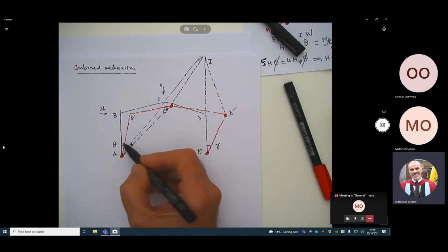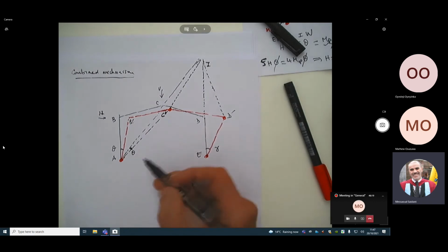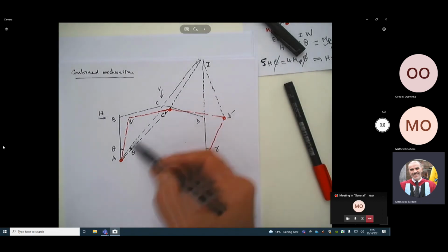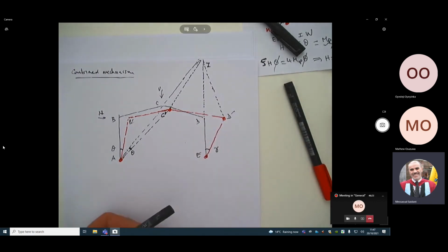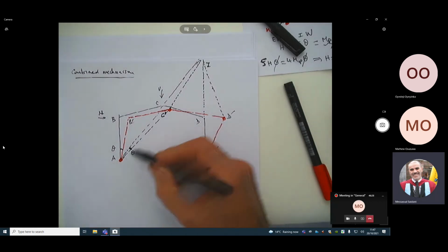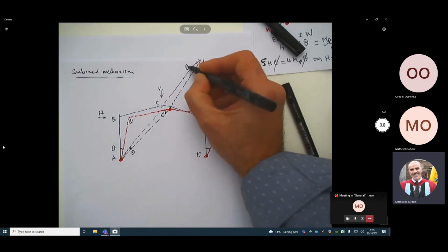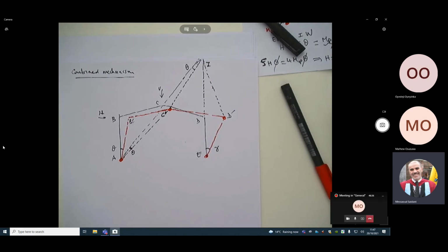By how much? By theta. So this has to be theta. Similarly, do you agree that IC dash A is an isosceles triangle because AC dash and C dash I are equal? So the angle is theta because we have symmetry of the frame.